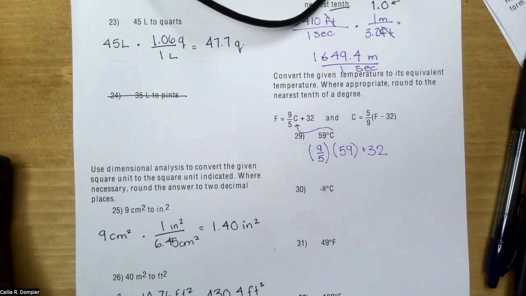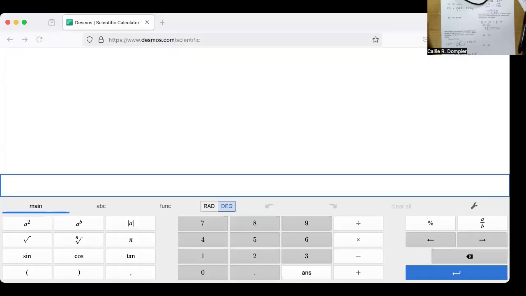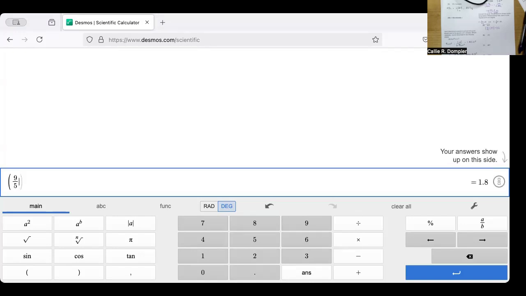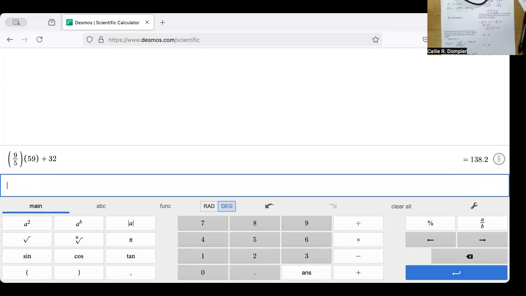Throw that into your calculator. So it was 9/5 times 59 plus 32. 138.2 degrees Fahrenheit.